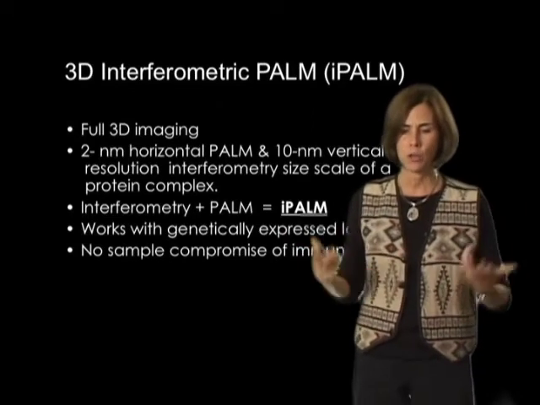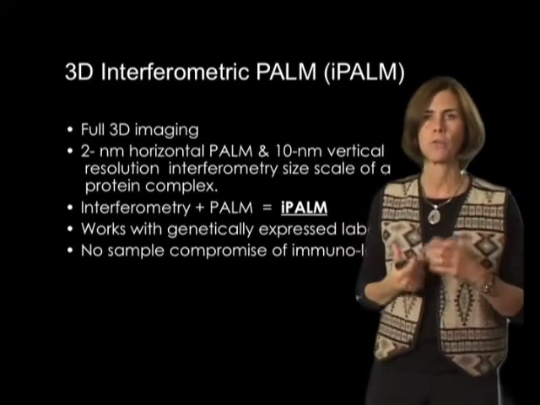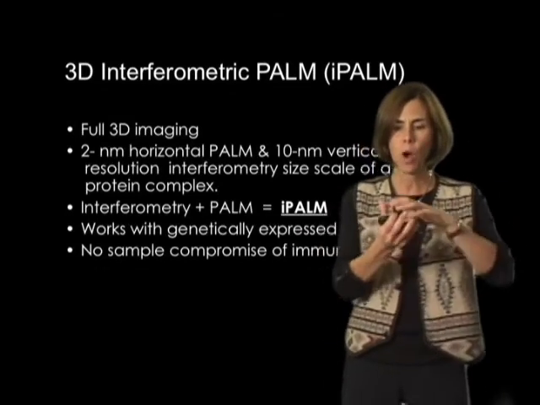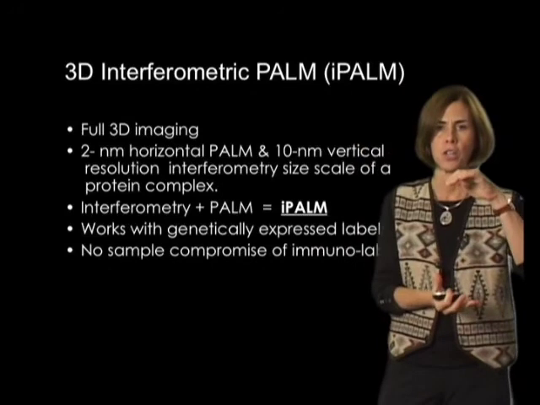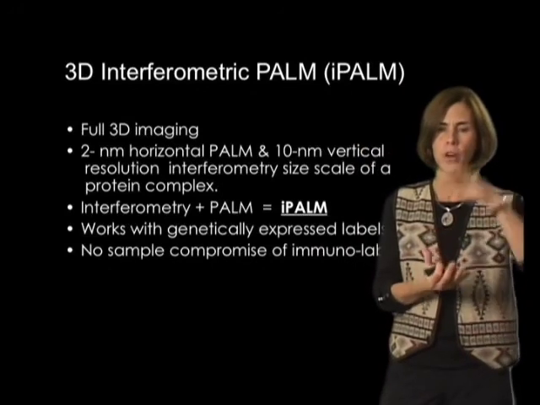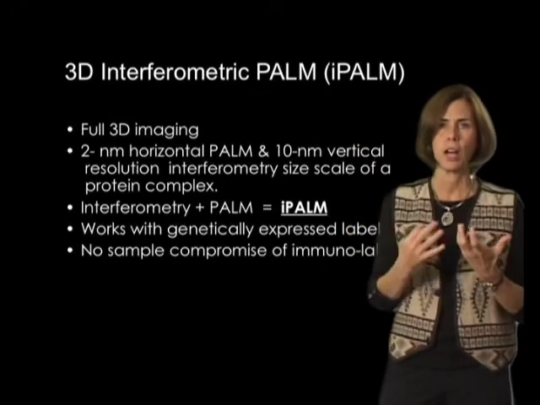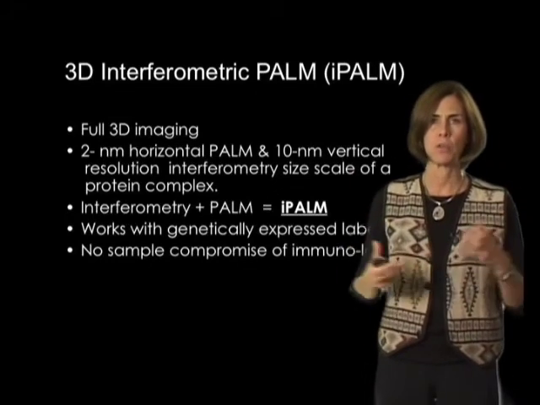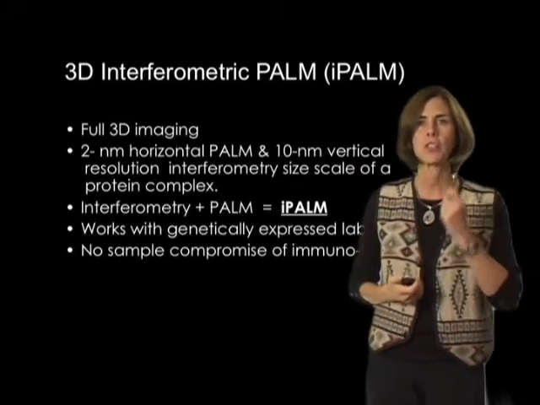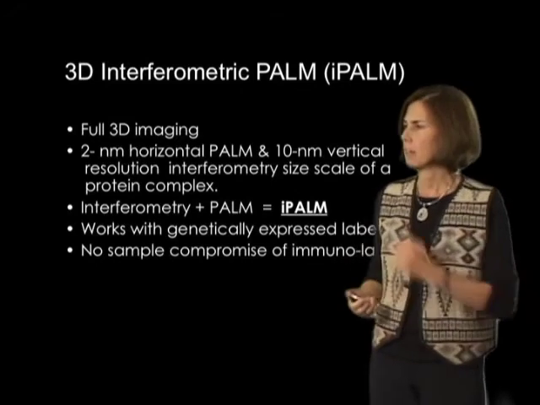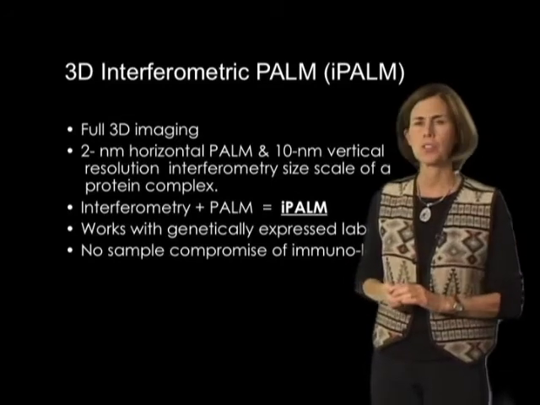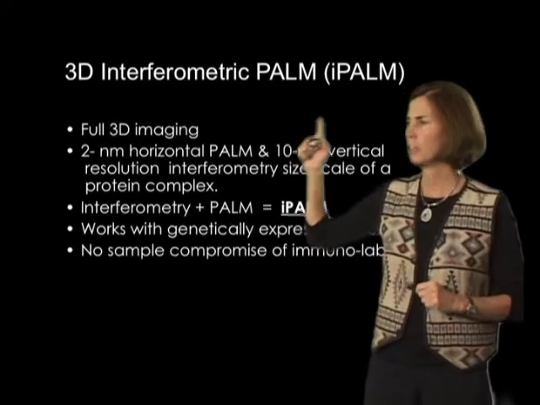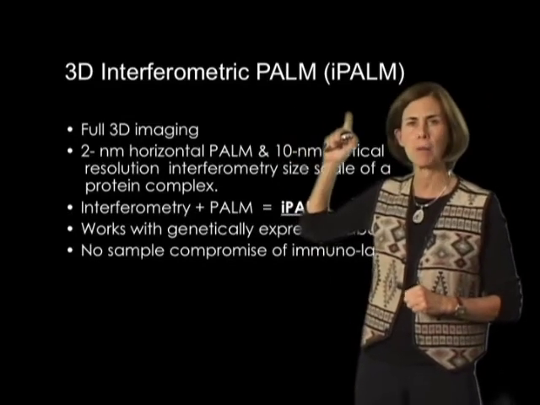But many questions that are important for cell biology require 3D information for a global view of how these molecules are arranged in 3D within cells. And a very exciting new advance with PALM has come with this technique called Interferometric PALM, or iPALM.